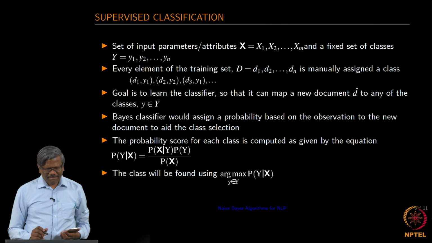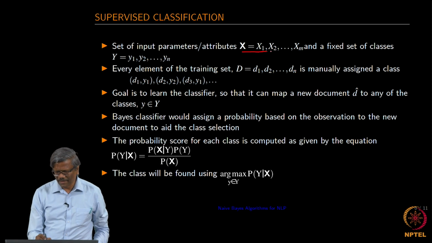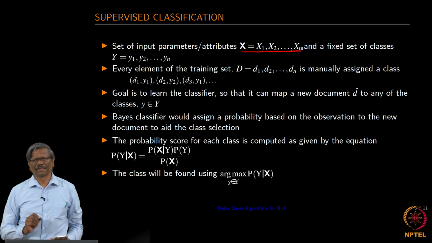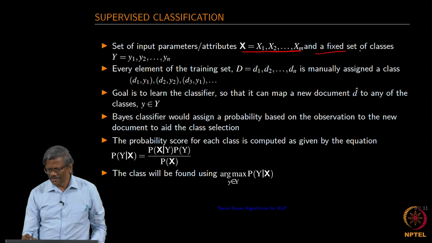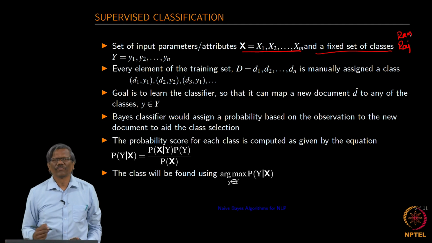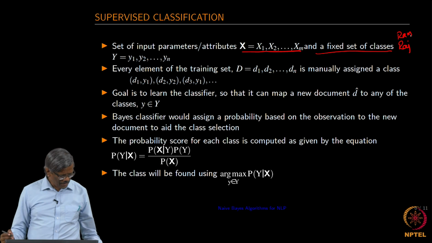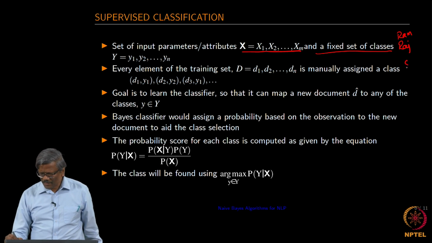All right. As I mentioned earlier, we have a set of input parameters x, which can be represented like this, and we have a fixed set of classes. In this case it is 2. If you look at the spam-based one, it is going to be spam, not spam.